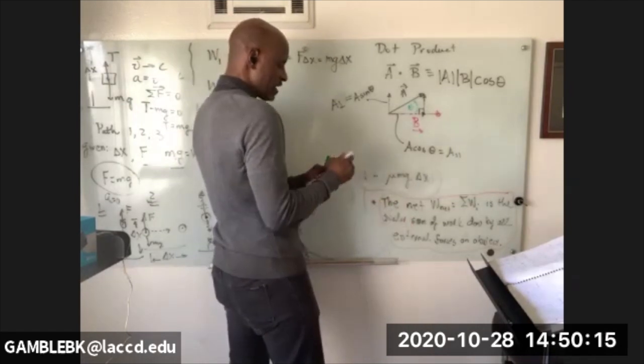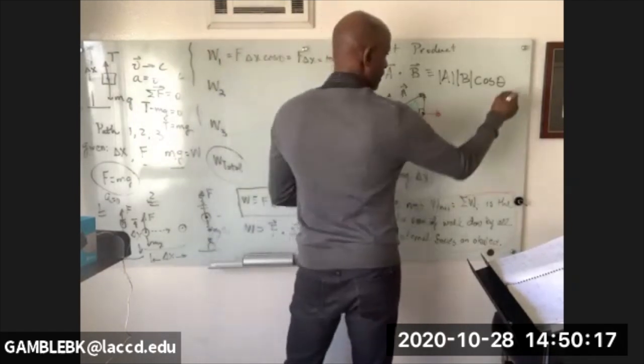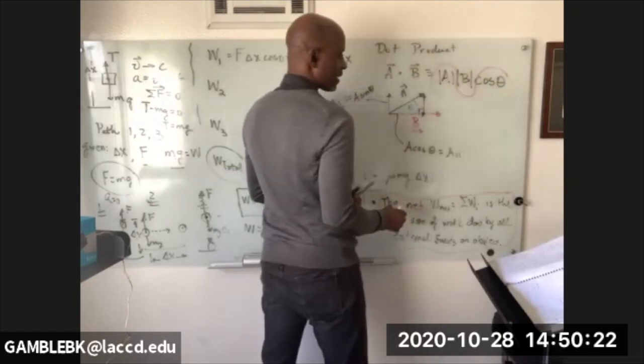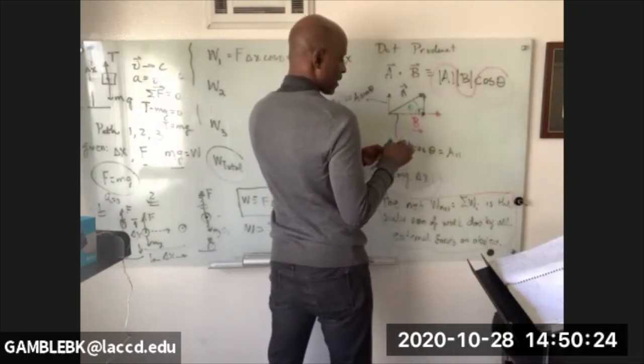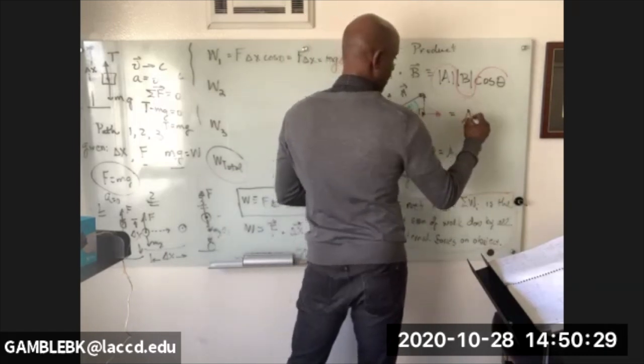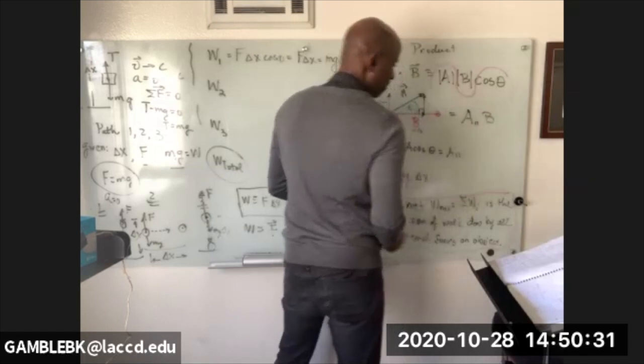You can see it in the definition. This is A cosine theta, which is A parallel. So another way to write a dot product is A parallel times B.